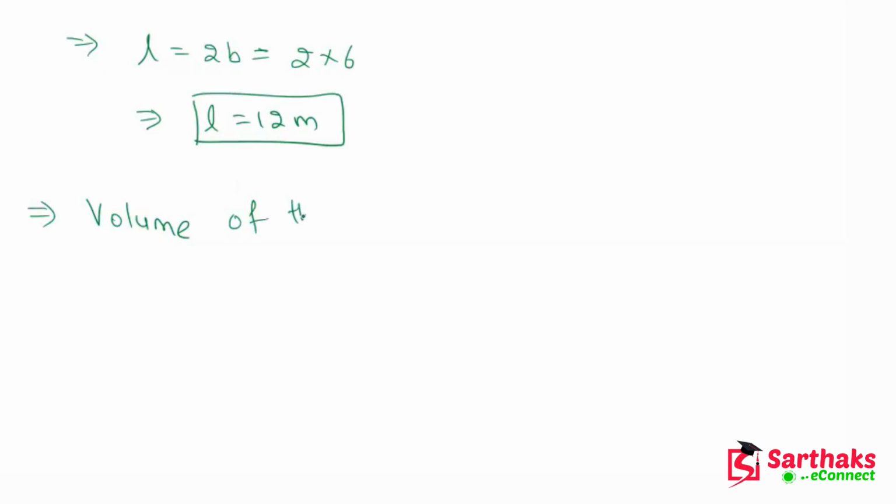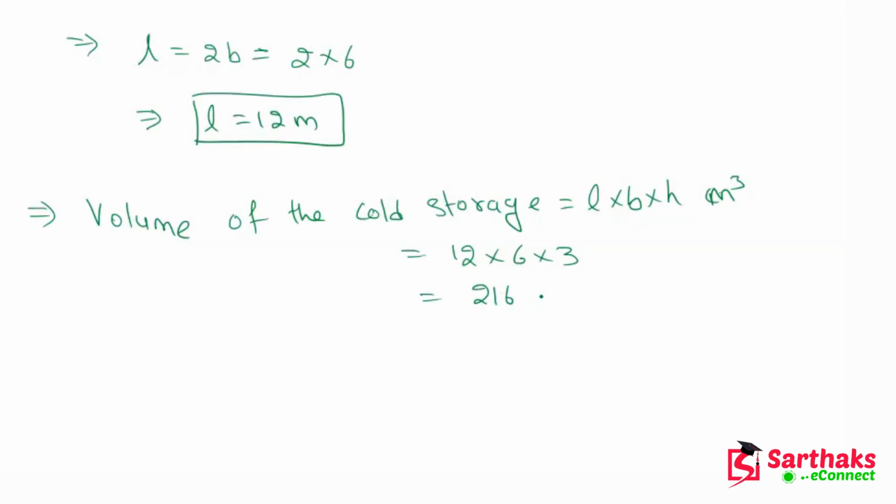Volume of the cold storage is L into B into H meter cube. Now we have L is 12, B is 6 and H is 3. If we solve this, we get 216 meter cube. So this is our answer.